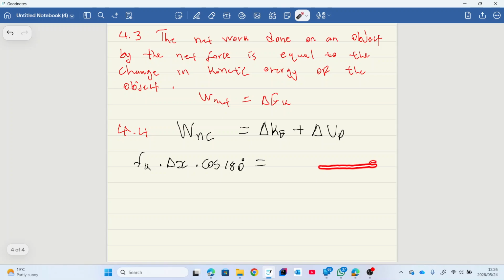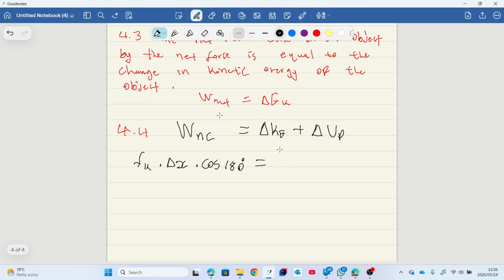If the object is going there and the force is going in the opposite direction, the angle in between them is 180 degrees, a straight line. But if the object is going there and the force is also going there, the angle in between the two is 0. So that's why we put the cosine of 0. Okay, you're fine with that? Yeah, I'm fine with that.